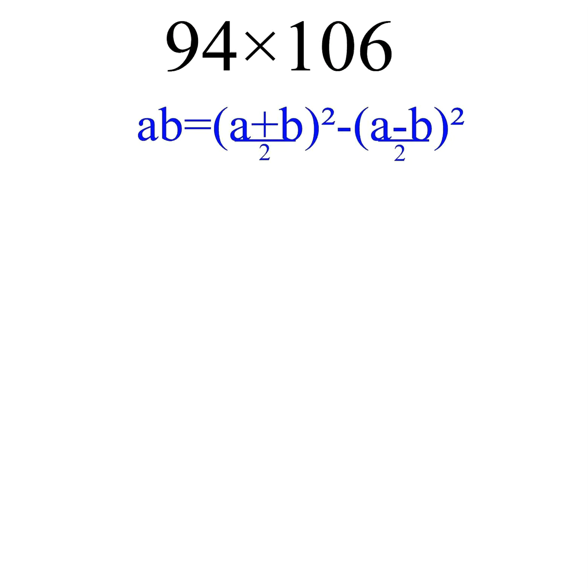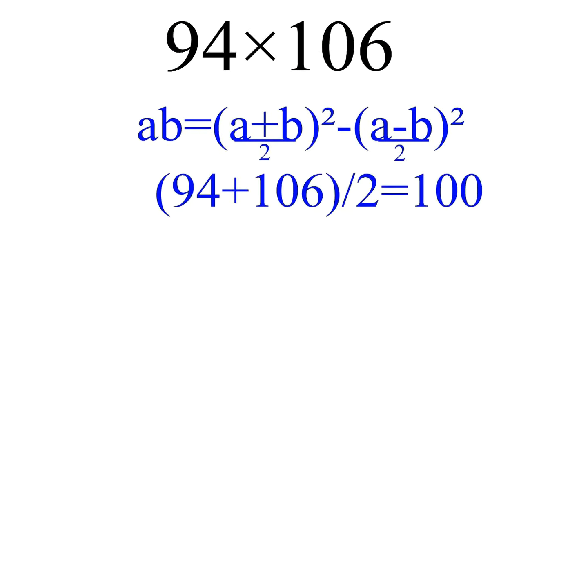So let's first calculate their average. Their average would be equal to their sum divided by 2. Their sum equals 200, divided by 2 is 100. And half of their difference would be equal to 12 divided by 2, which is 6.